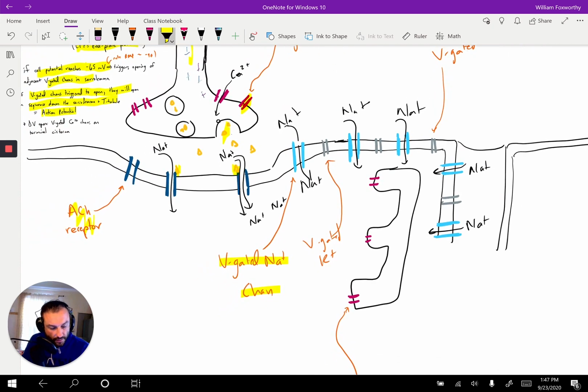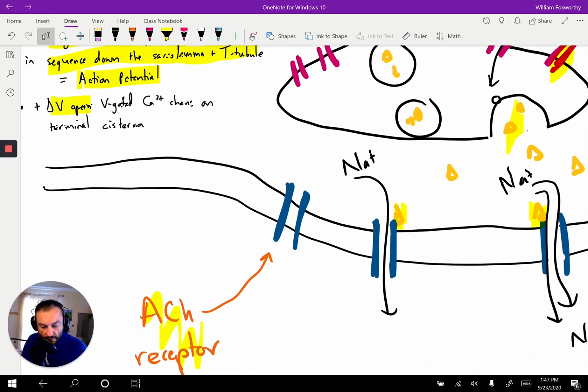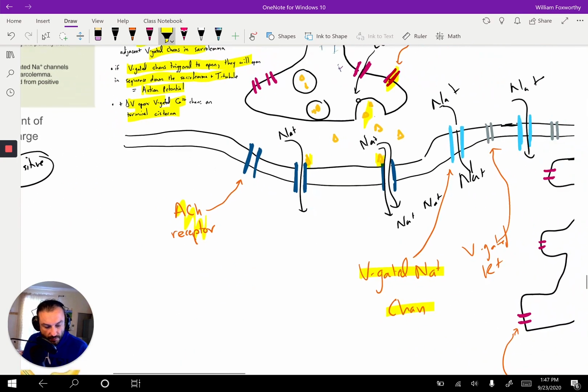Okay, so this positive change in voltage is traveling down here, down my T-tubule, and that's causing this area around my terminal cisterna to also become more positive. So that change in positive voltage is going to open up my voltage-gated calcium channels on the terminal cisterna.